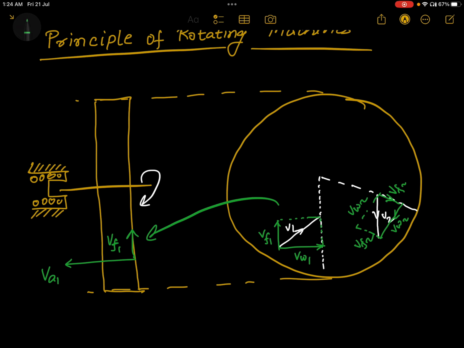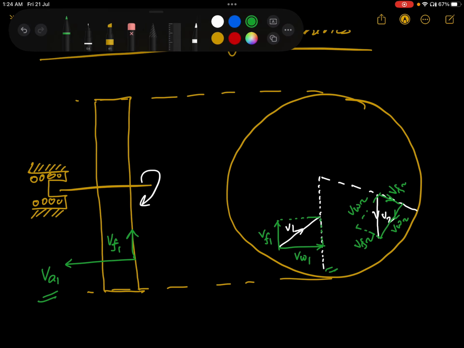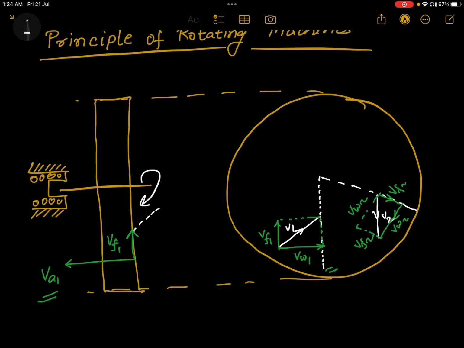So this velocity you will not be able to see in this diagram. Now I will show one more thing.